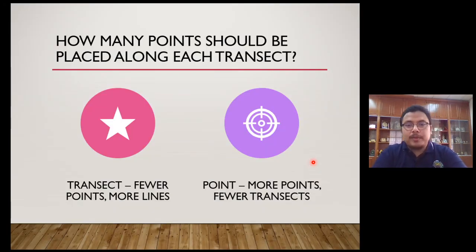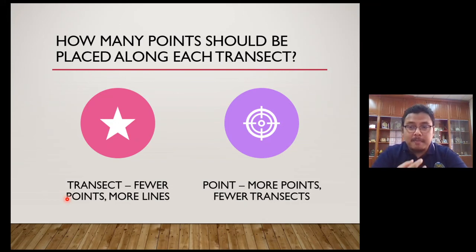So how many points should be placed along each transect? It is best to sample with fewer points and more lines when using the transect as the sampling unit. If you use a transect as a sampling unit, it's better to have fewer points and more transect lines.